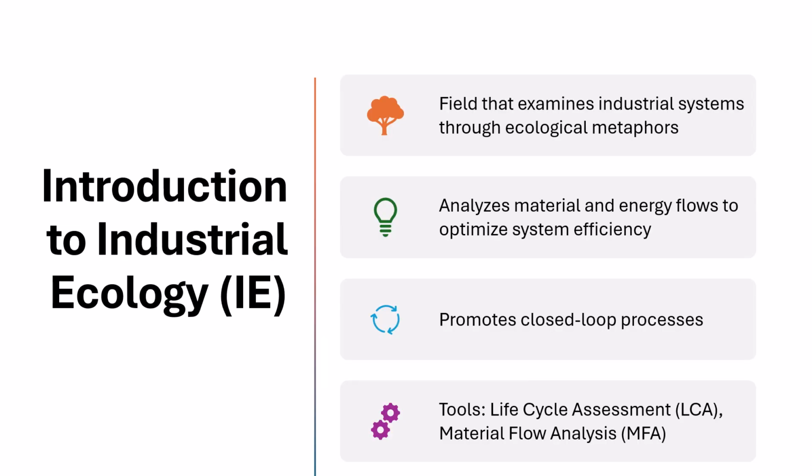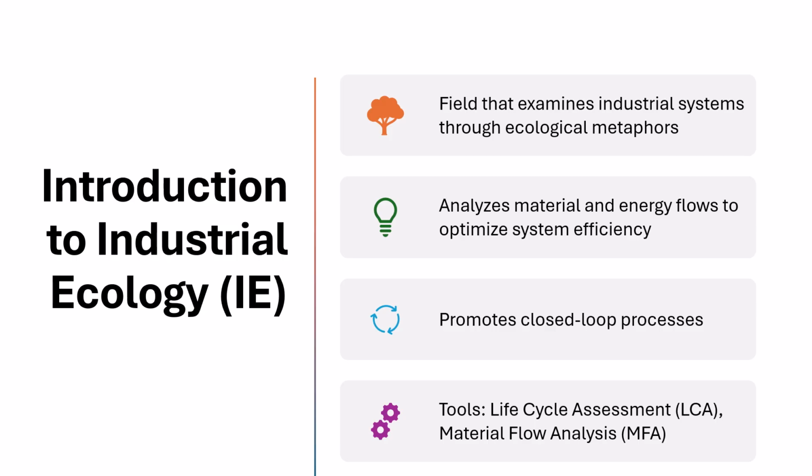Introduction to industrial ecology, a field that examines industrial systems through ecological metaphor. This is all related to the journal. I do explain about industrial ecology, which is something you are aware of by now. It analyzes materials and energy flows to optimize system efficiency and promotes closed loop processes.